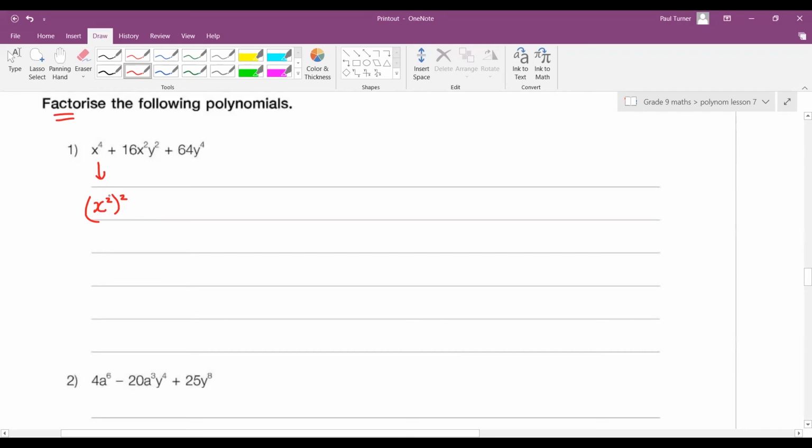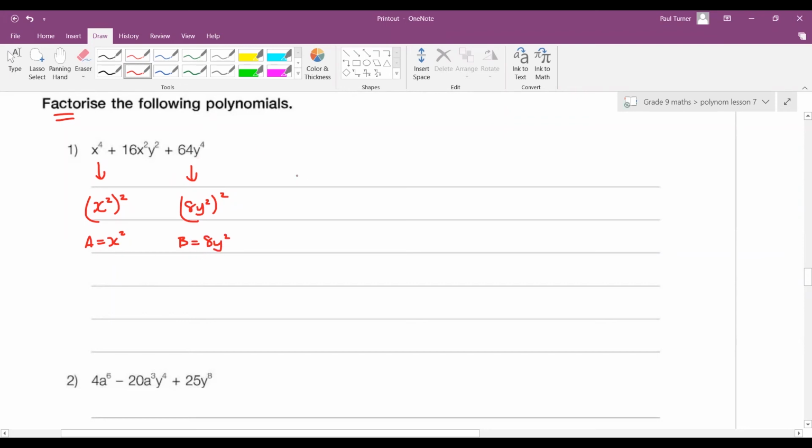So x squared squared is x^4. So A would be x squared, this term here. 64y^4 will be 8y squared squared. So here, B will be 8y squared. So these are the terms that are most likely to work.